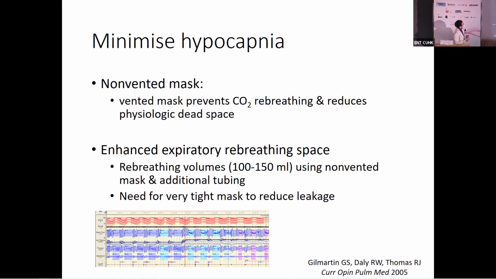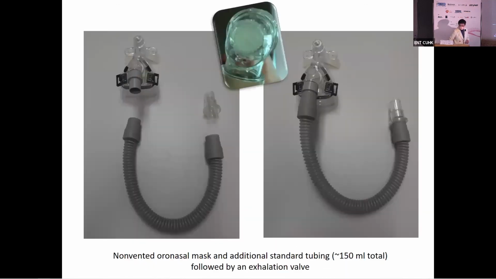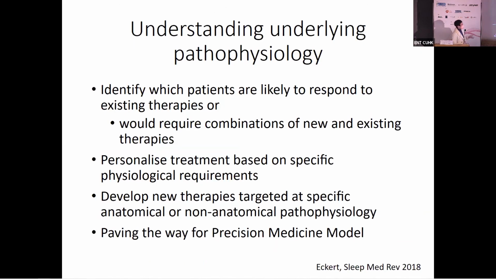So we use a non-vented mask, and then we add a tubing that is about 100 to 150 mils, in order for the patient's CO2 to build up. So this is what we do. This is about 150 mils, and then we have tubings of different length. We also measure the transcutaneous CO2 during the study to ensure that the patient doesn't have high CO2 to begin with.